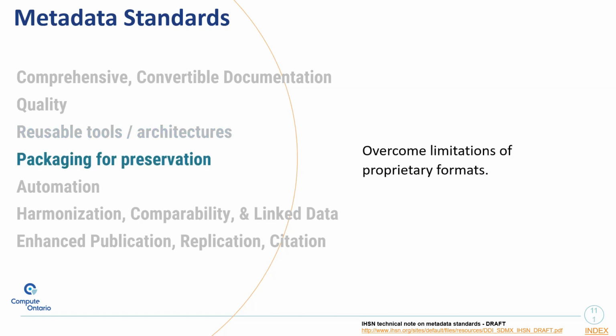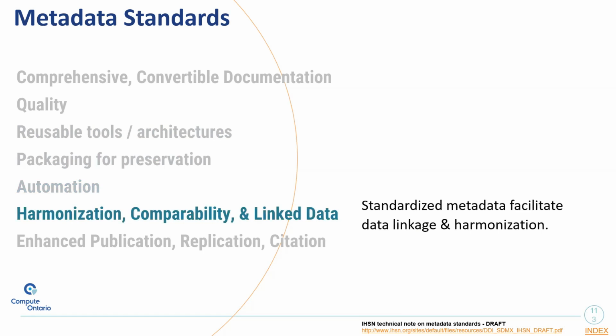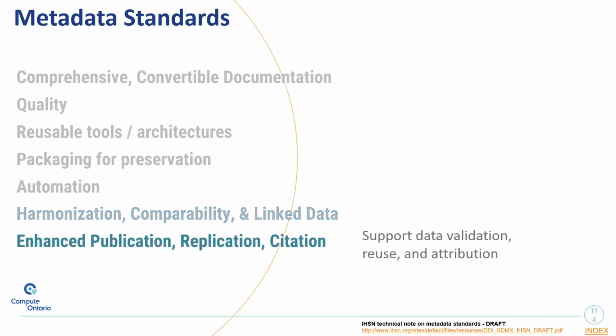They overcome the limitations of proprietary formats. Standards enable automation of simple or repetitive tasks, resulting in higher quality and more timely data. Standardization also facilitates data linkage and harmonization, which is a huge thing in research these days. And finally, they support data validation, reuse, and attribution. Again, very important for researchers to be thinking about as they seek tenure and promotion.